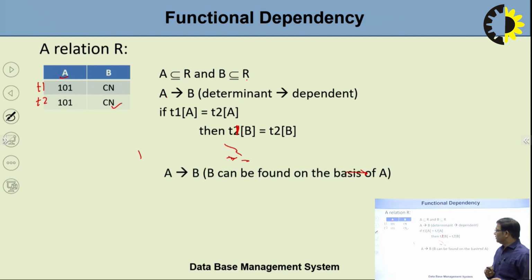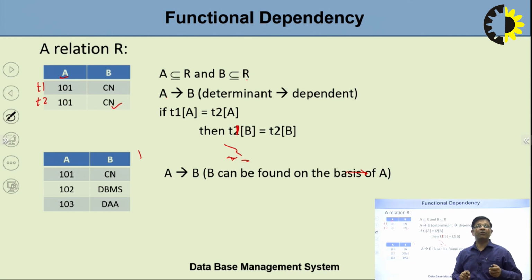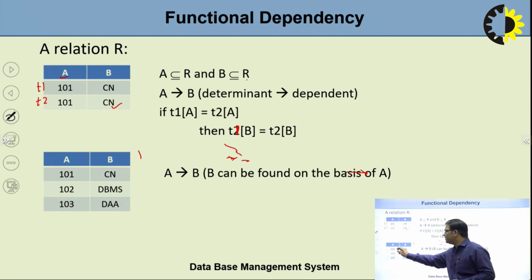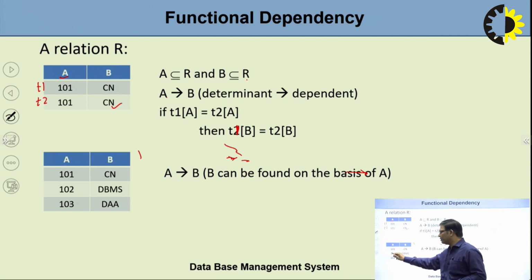Okay. So, in the next case, the value of A is uniquely identifiable, that is, not duplicate. So, in this case A tends to B, so we cannot say that a tuple of A is equal to another tuple of A, since no tuple is common in this column.